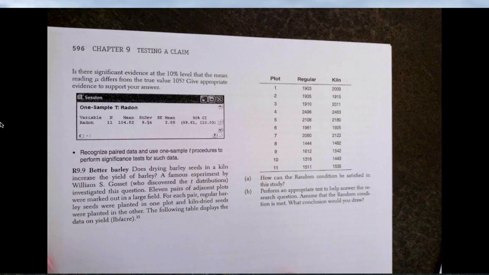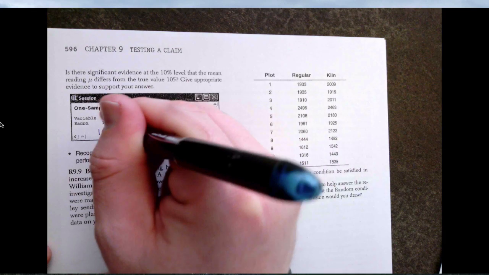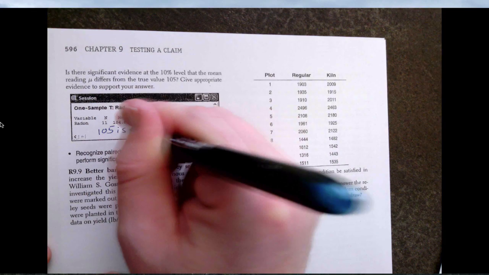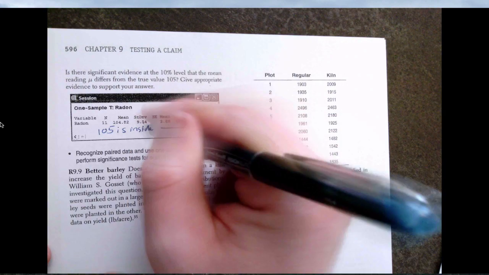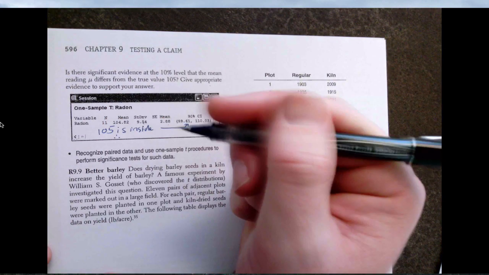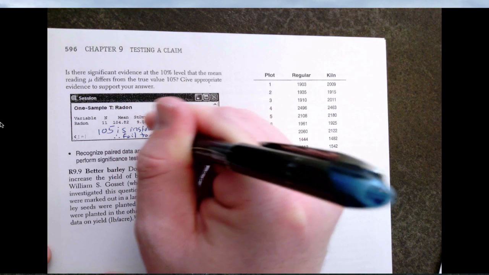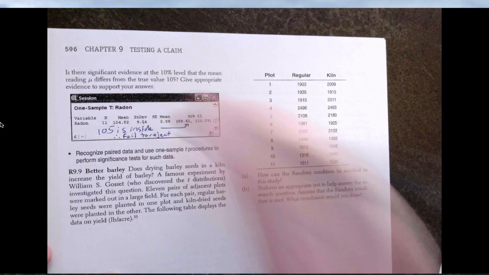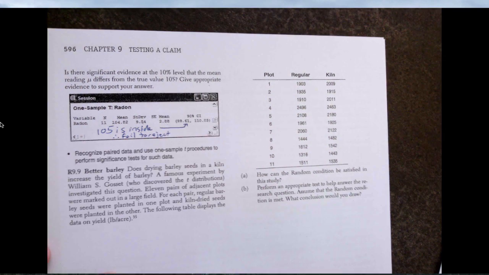It appears that 105 is okay. Therefore, we fail to reject. Doesn't mean that the testing is correct. It just means that we don't have evidence to reject that claim.